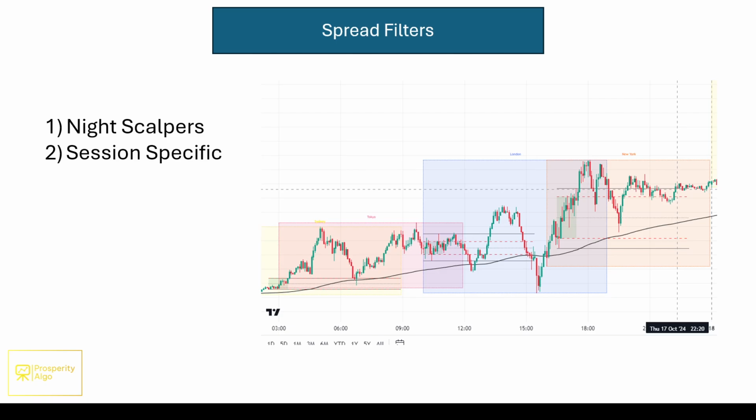Another large use case is to make session-specific trading strategies, such as the opening range breakout or the London breakout, which will specifically trade at very defined times, such as the New York Open or the London Open.